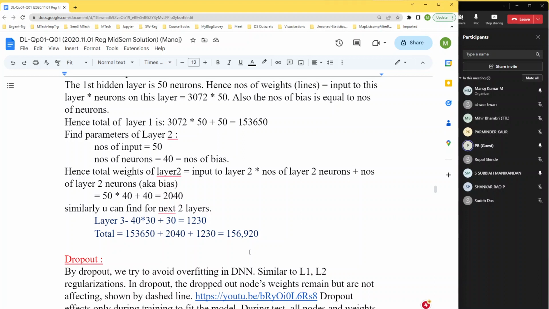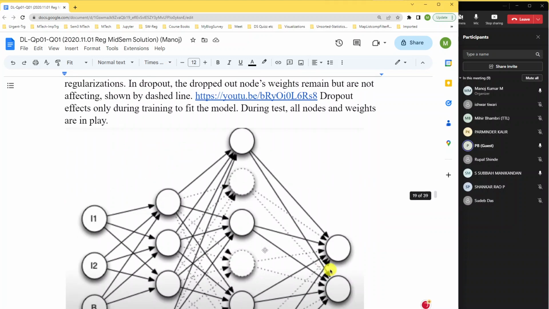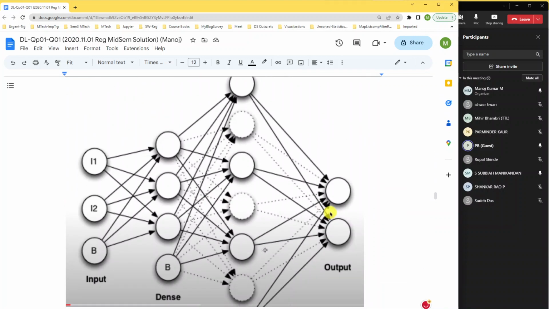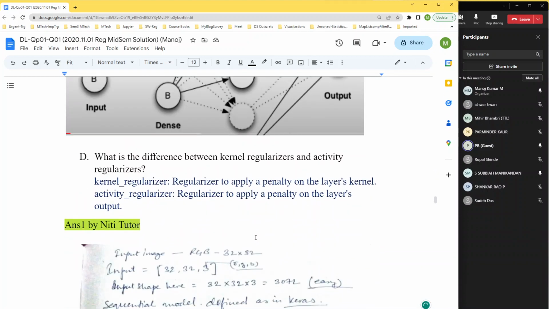Unlike L1, where if the weight is becoming low, it just puts it to zero and drops that feature all of a sudden, dropout won't do that. It will keep those neurons, but it won't overfit the training model.